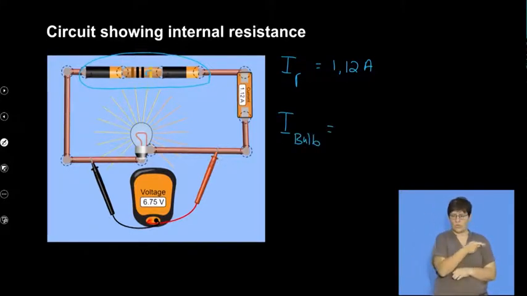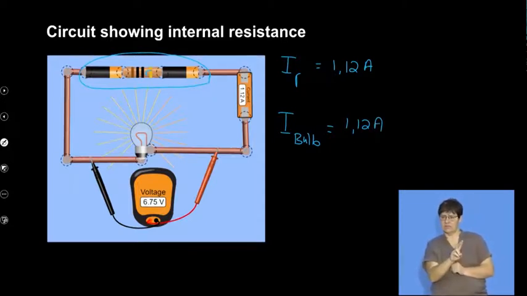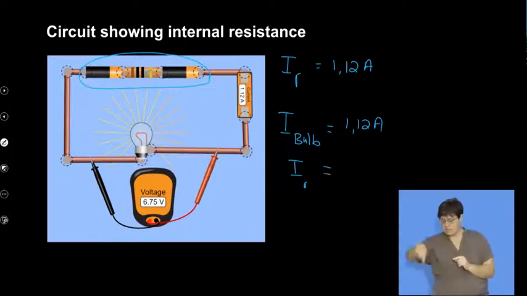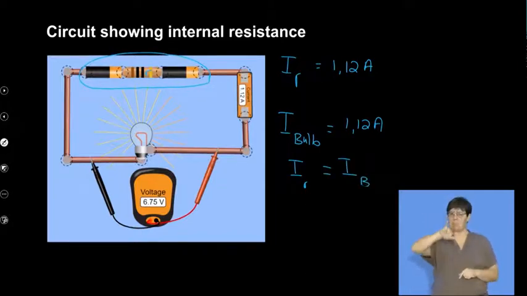The current that passes through the light bulb is 1,12 amperes, right? What is it that we note here? The amount of current passing through the internal resistor of the battery is equal to the current that passes through the light bulb.